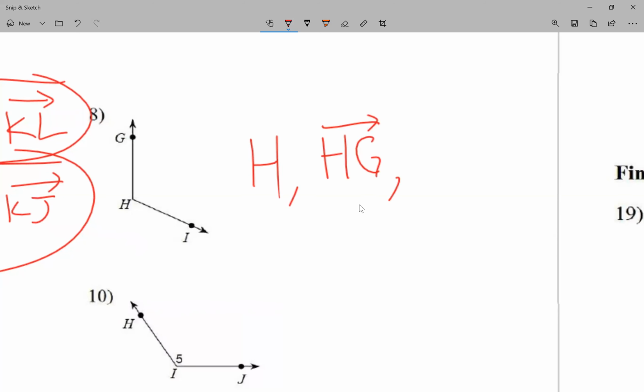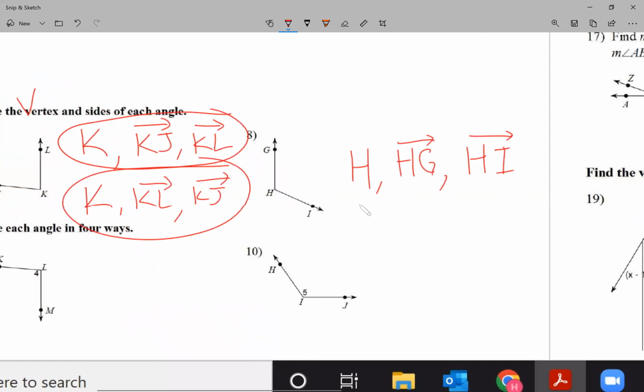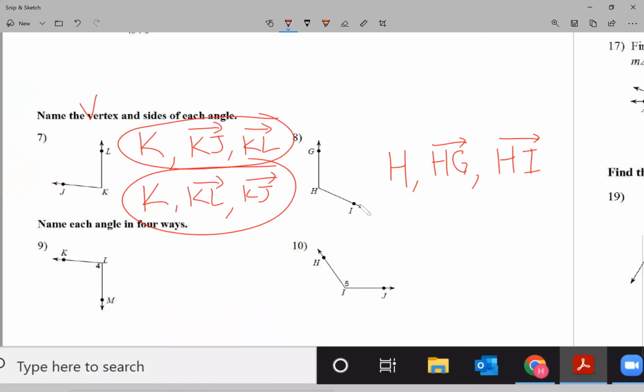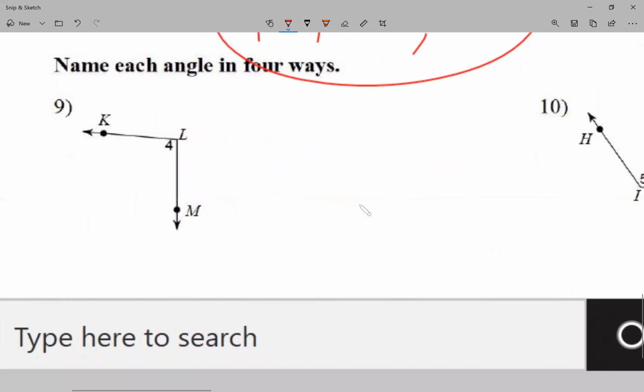And the other one is going to be the side, the ray HI, starting from the vertex. So the vertex is the point at the corner, and the sides are basically two rays that start at the vertex.